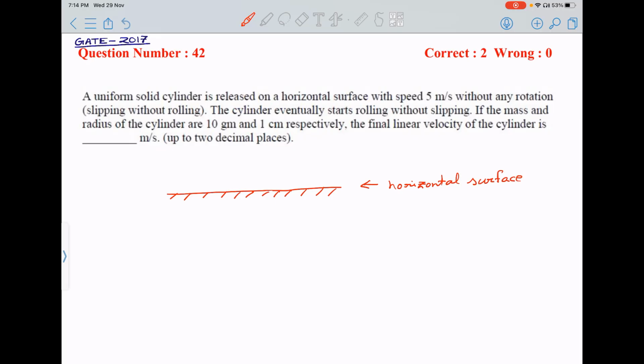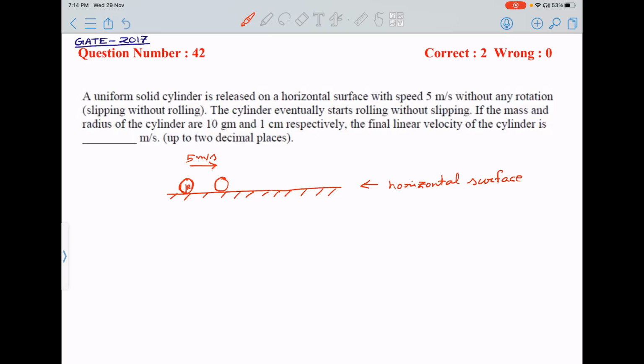And this is the cross section of the cylinder, and the cylinder is actually moving in this direction, and it is without any rotation, so it is actually slipping without rolling in this direction. And the speed is given as 5 meter per second. This is the radius of the cylinder, let it be r.